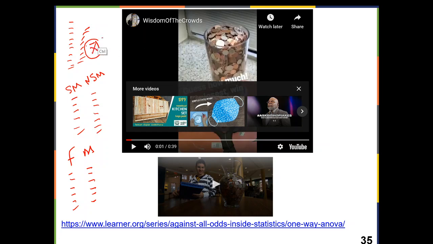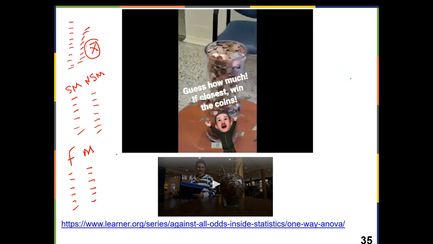How does it work? I have really wild guesses here, but they average out to be correct, actually. This is called the wisdom of the crowd in statistics, and we're testing that. It's a very interesting concept.